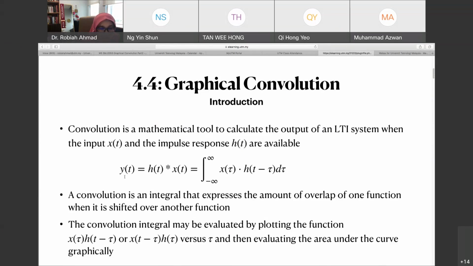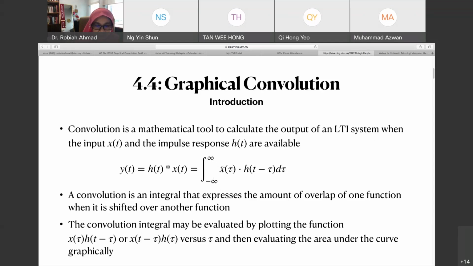The output is h(t), the impulse response, convolved with the input, or it is actually the summation of the overlapping area of these two signals. So we do the integration to calculate the total sum of overlapping areas. The formulation for the convolution is an integration over the time interval.